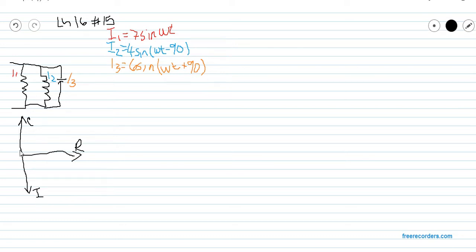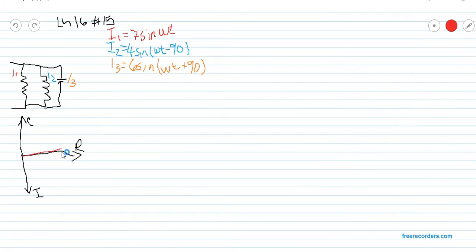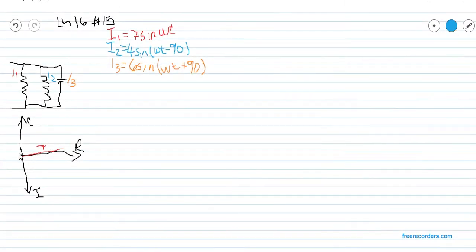For each one of these, the magnitude would go along this. For your resistors, the magnitude here is 7. For your inductor, the magnitude is 4, so it's shorter than the 7. And for your capacitor, it's 6. It goes up almost as long as the 7.